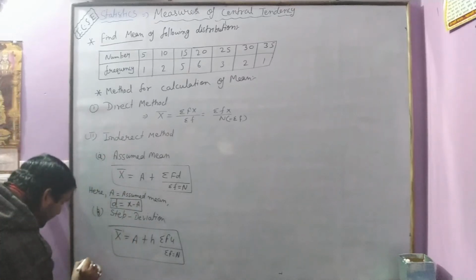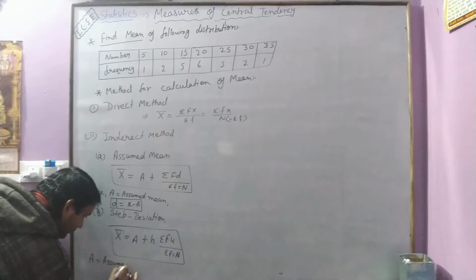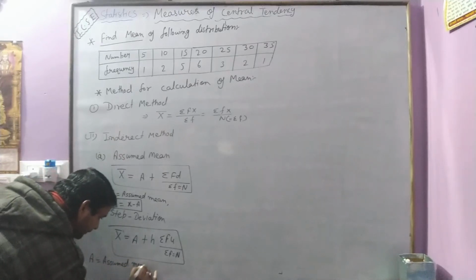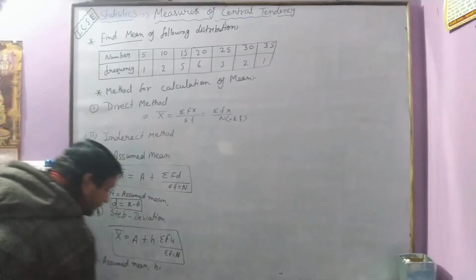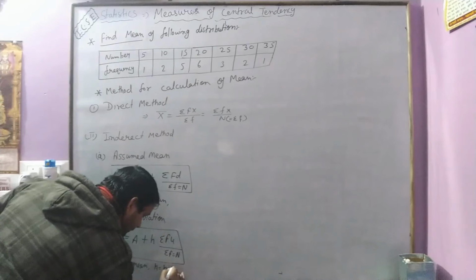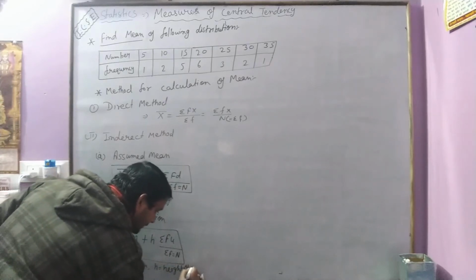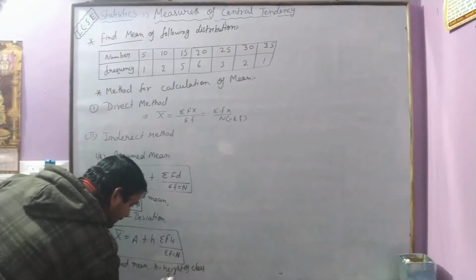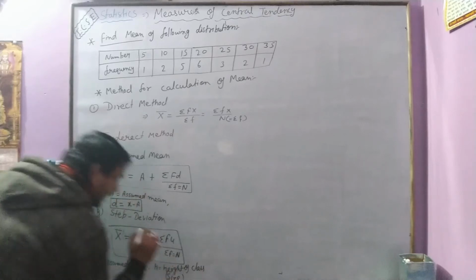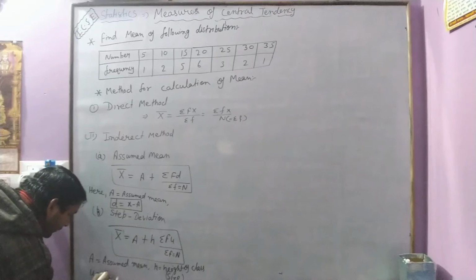Now here a is assumed mean, h is height of class, or we also say size of class or class size, and u is x minus a upon h.